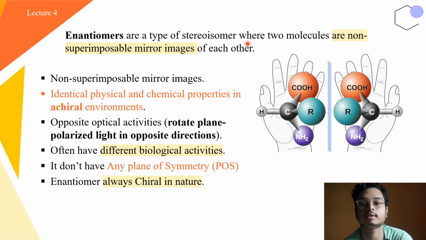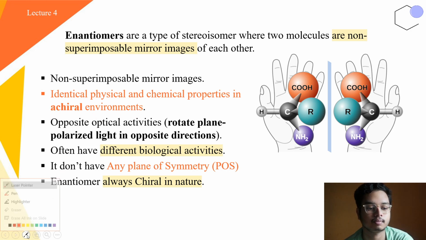Now, enantiomers have certain properties. First, they show non-superimposable mirror images, and enantiomers have identical physical and chemical properties in an achiral environment.